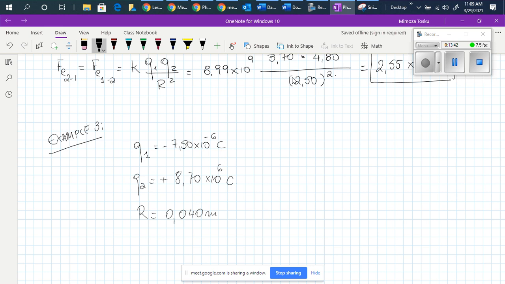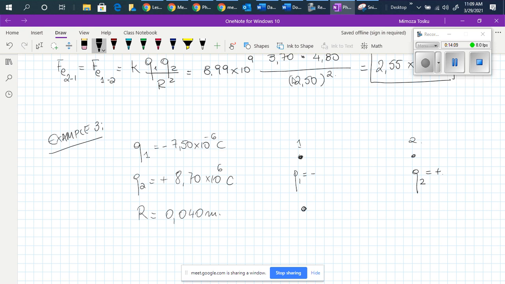0.040 meters. It doesn't really matter which one is the force or the position of the two objects. Let's say that object 1 is here and object 2 is here. We have charge 1 as negative and charge 2 as positive. When we are drawing, we establish that the forces are equal in magnitude.